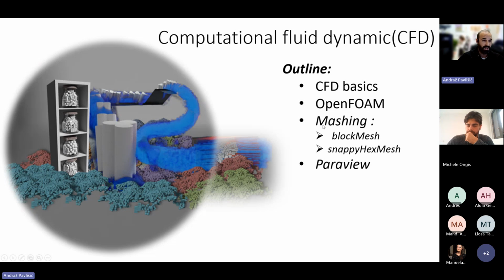And before you can start any CFD calculation, you have to do some meshing, so creating the computational domain. And for that, I'm going to explain two programs called blockMesh and snappyHexMesh, which is a subprogram of OpenFOAM. And then we will cover how to use the ParaView program, so that once the CFD calculations are finished, we can then visualize them.